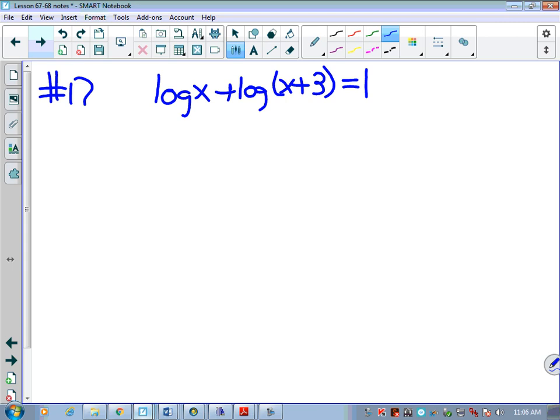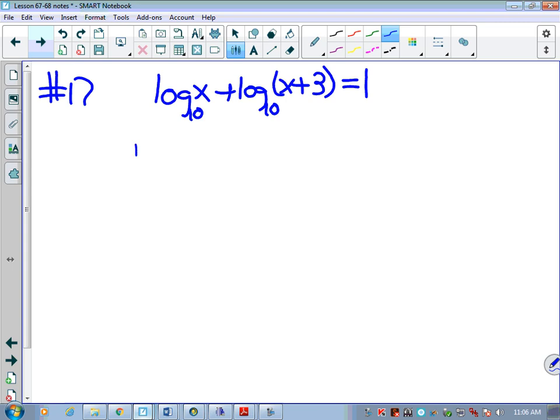All right. Let's see. Ultimately, what you want to understand about this is that these are both in log base 10, right?